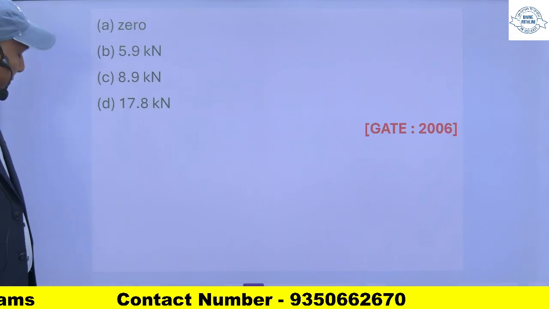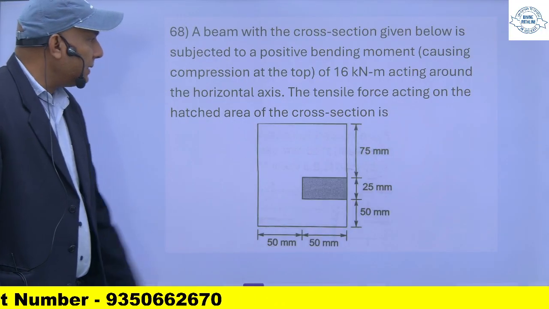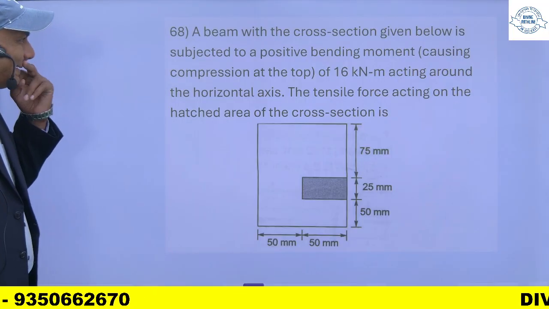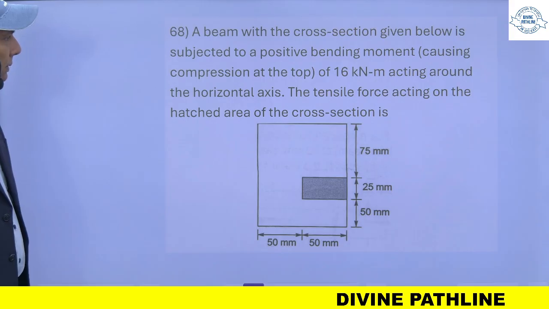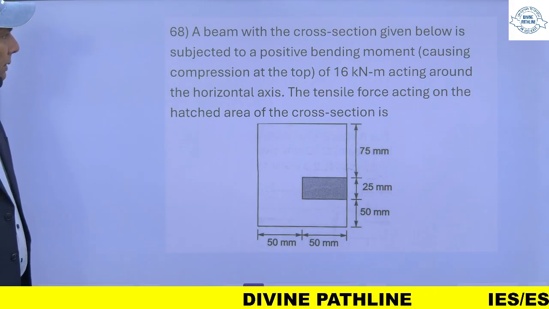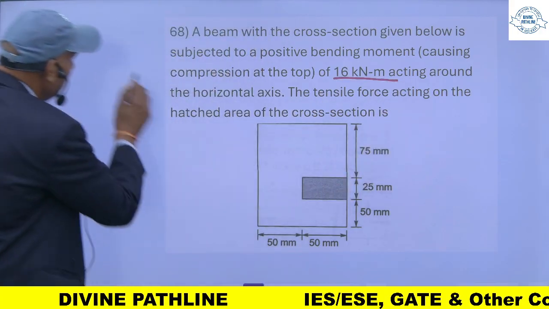This came in 2006 GATE. A beam with a cross section given below is subjected to a positive bending moment causing compression at the top, and the bending moment is 16 kilonewton meter.